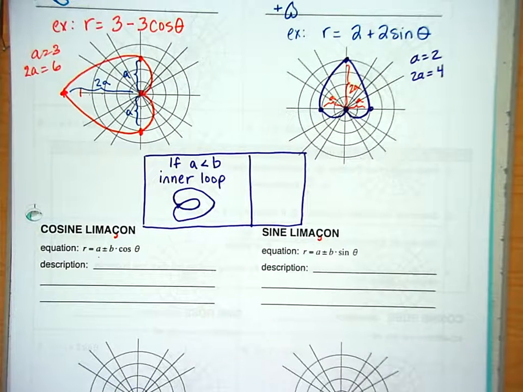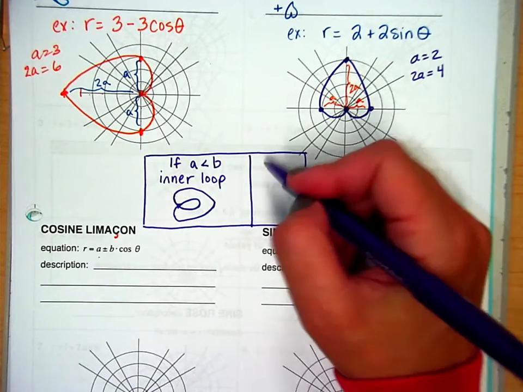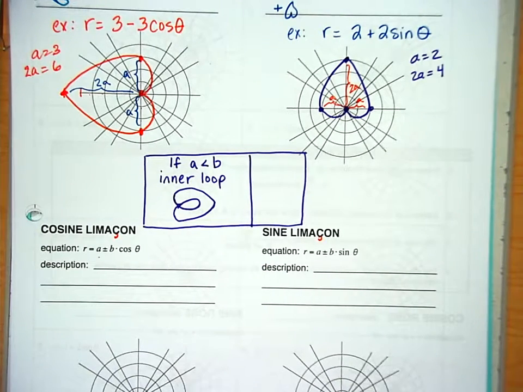Kind of cute, right? So that's your cosine limaçon. Again, if it were a sine one, it would be the same, but just up and down. Okay? What about if A is greater than B?